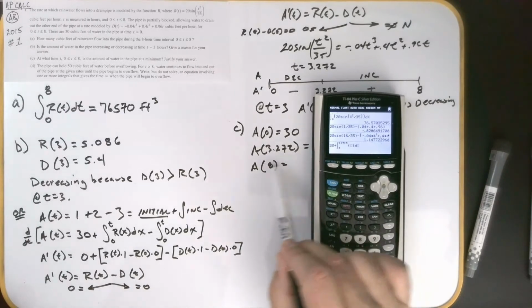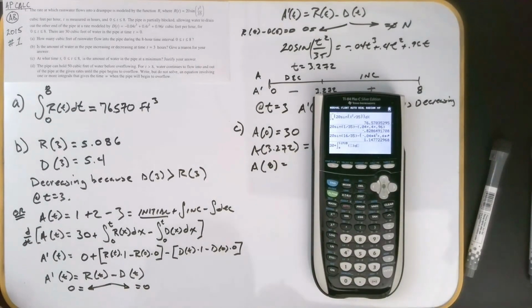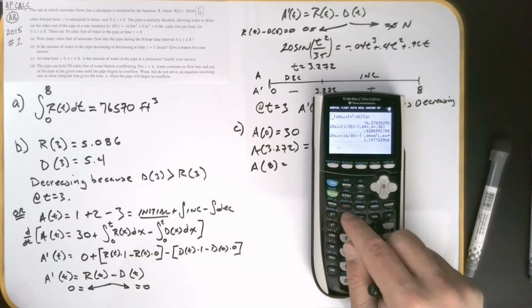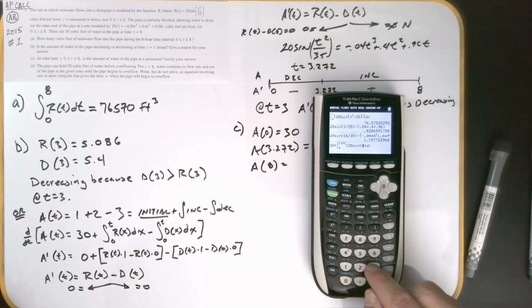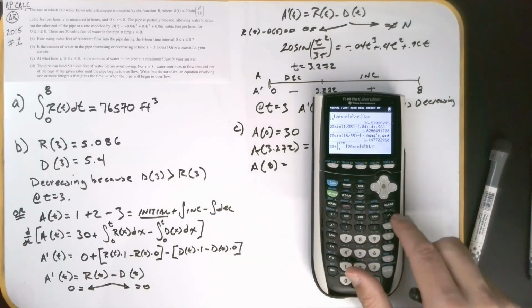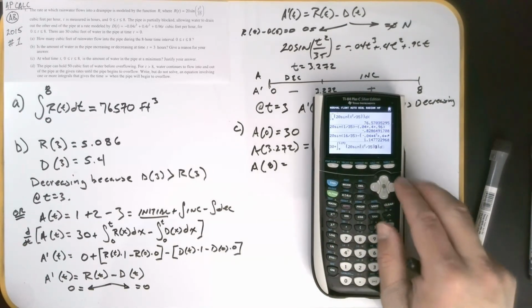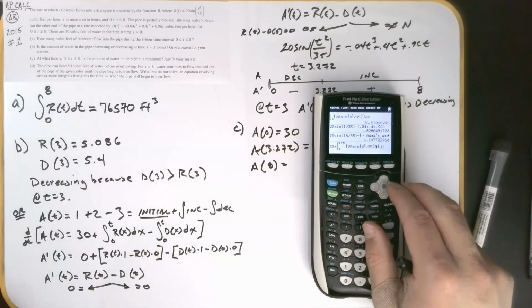And I stopped at 3 decimals. You can enter as many as you like here, but I think for this type of question, we're not going to need the extra decimals because we're only comparing these 3 values, and they're pretty far apart. And now we have the function r, and so this was the 20 sine t squared over 35. So we have x squared divided by 35, and there's that function.